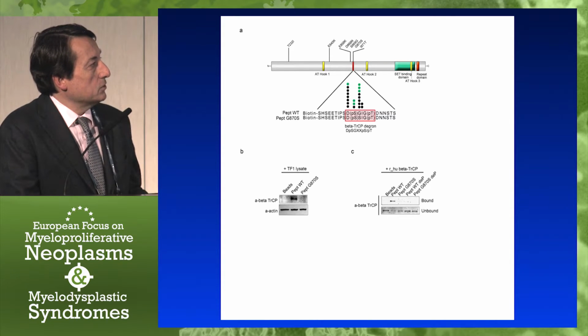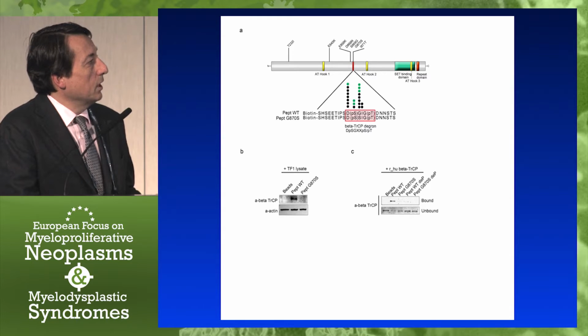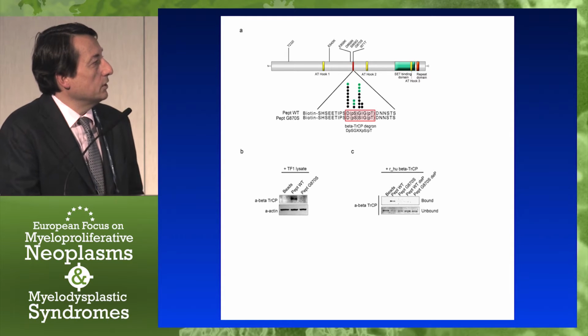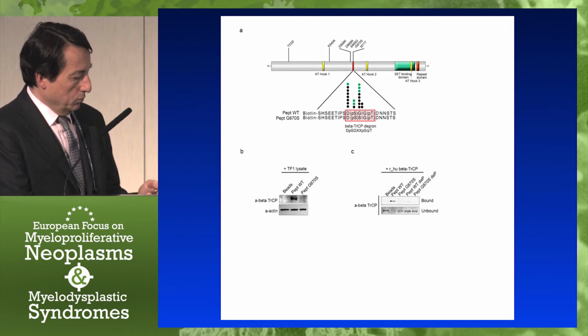And in fact, as you see here, only the wild-type peptide can bind beta-TrCP, which is the first step in the ubiquitination step, while peptides that are carrying the mutation or that have been dephosphorylated are not able to do that.